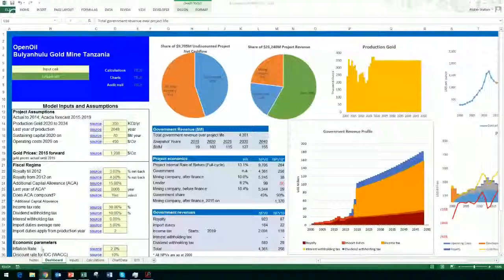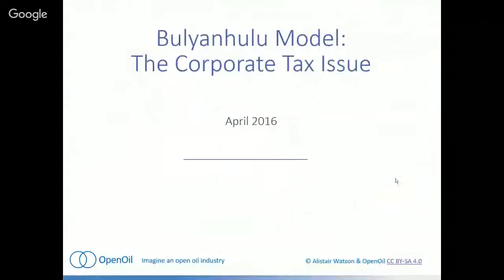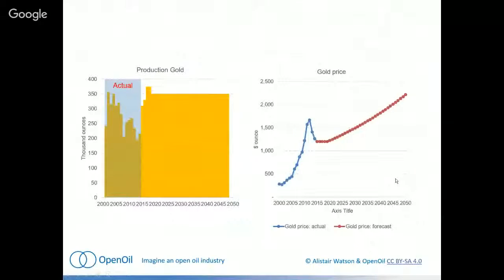I'll just switch my screen sharing back on, and switching now to a presentation where we've extracted some of the information from the model. All of these charts are just directly lifted from the dashboard, in fact. So this first sheet, you see on the left-hand side, the production of the project.